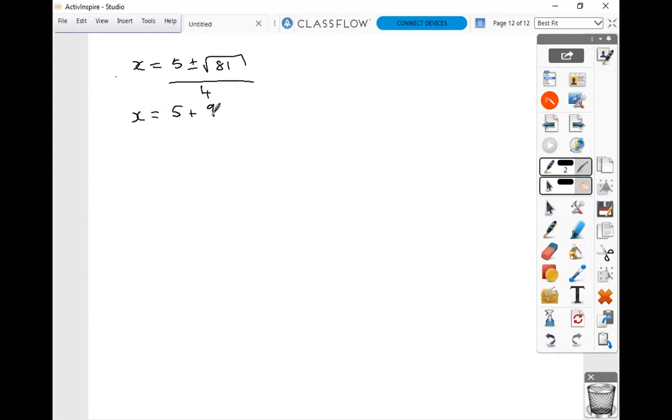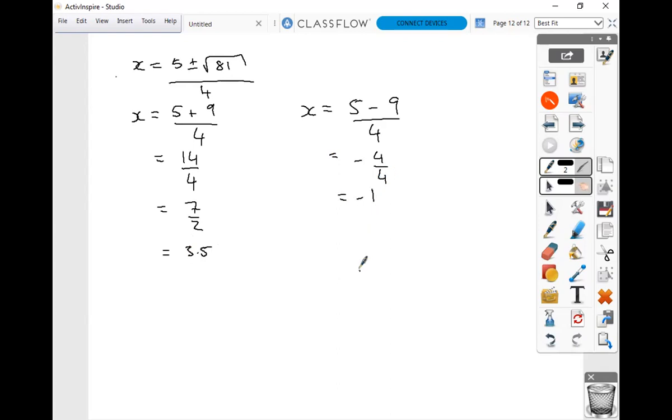So it's 5 plus 9 over 4. X equals 5 minus 9 over 4. 5 plus 9 is 14 over 4. Simplify your fraction down. So that will give me 7 over 2, which will give me 3.5. 5 minus 9 give me negative 4 over 4, which will give me negative 1.